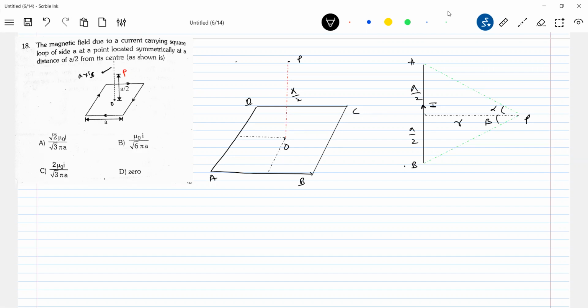So I'll introduce one point Q. That will be inclined here, no? This is what R actually is. So you'll get one triangle here: Q, O, this is P. This is A by 2, and this is R.